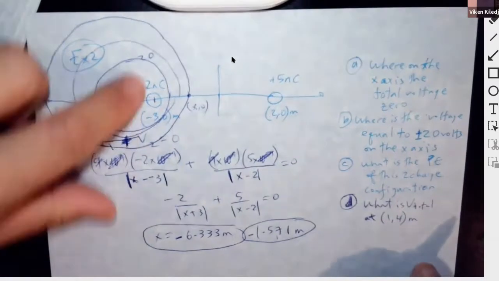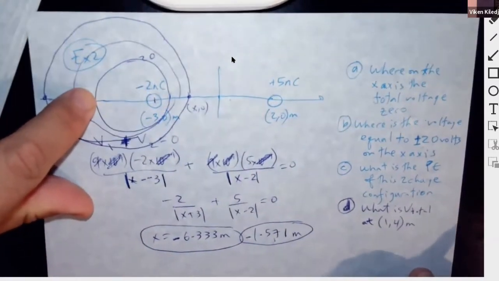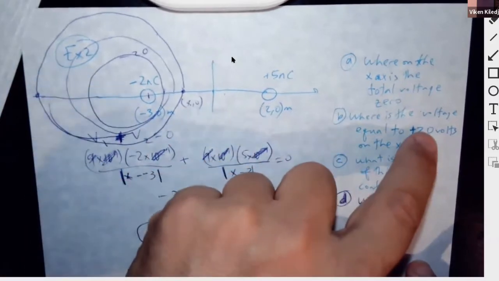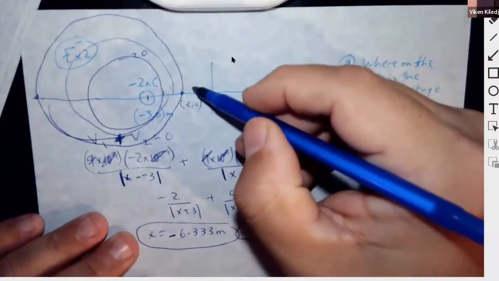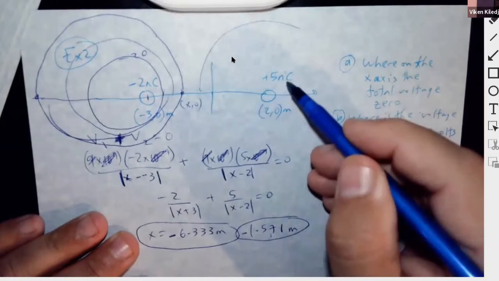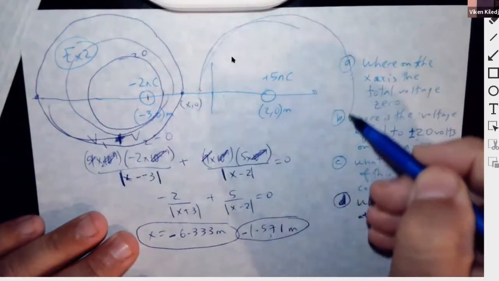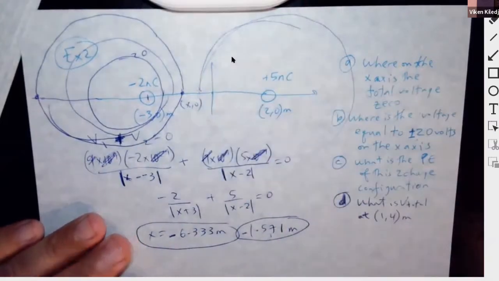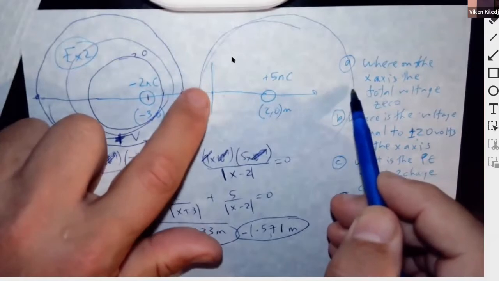So I'm expecting somewhere here, somewhere there to be negative 20 volts. Positive 20, it's probably going to look something like this. Probably not that close to the 5, maybe something like this. So there might be 2 answers there then. There's going to be 2 answers there.